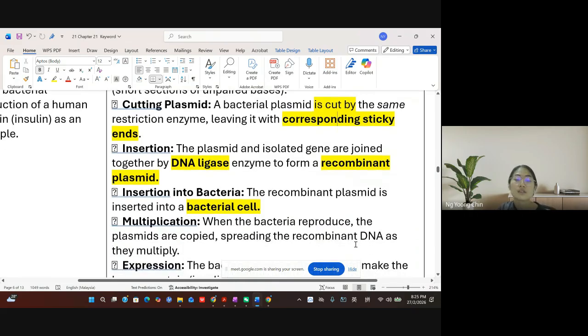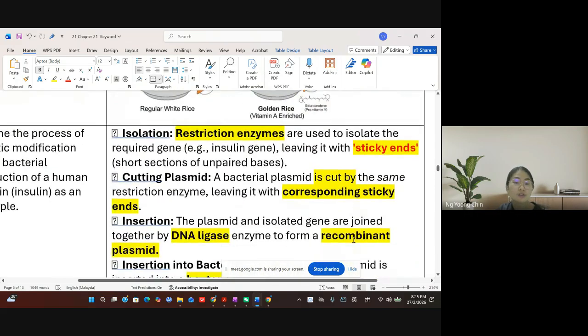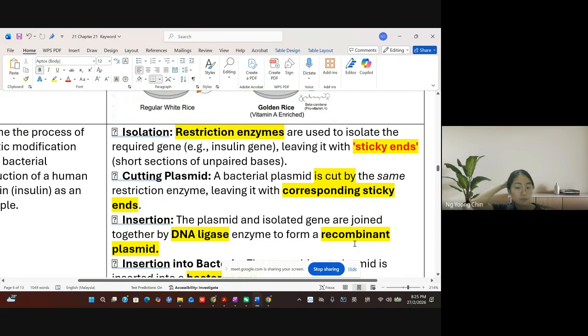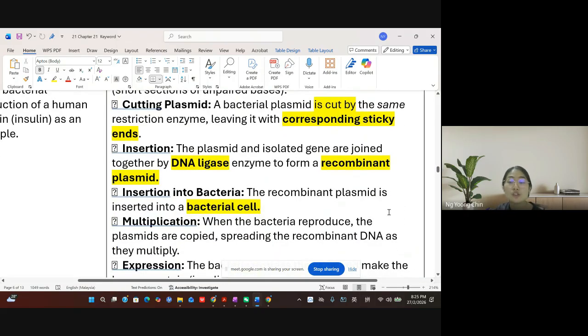And so you should write that one is the DNA of the insulin gene, and another one is the bacterial plasmid. The plasmid and the isolated gene are joined together by the DNA ligase to form the recombinant plasmid.